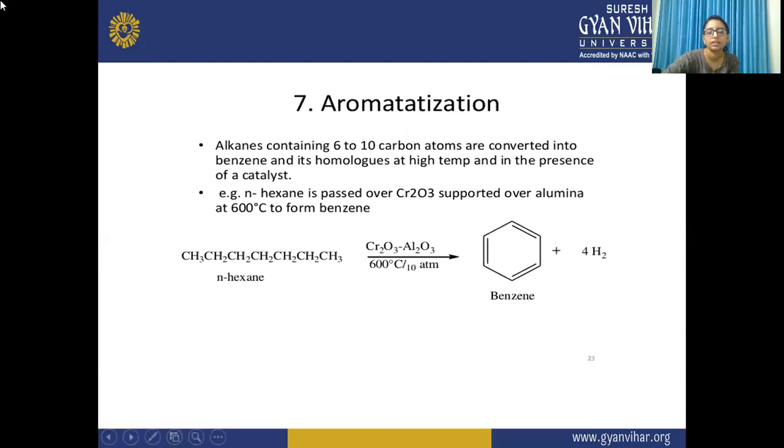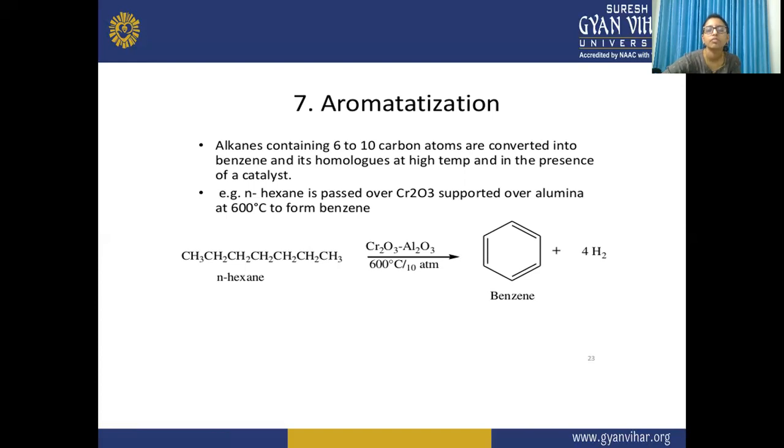Now the next reaction is aromatization. In aromatization, alkanes containing 6 to 10 carbon atoms are converted into benzene. So here alkanes that have 6 to 10 carbon atoms are converting into benzene and its homologues, means its derivatives, at high temperature and in the presence of a catalyst. So alkanes with 6 to 10 carbons means hexane, heptane, octane, then nonane, then decane.